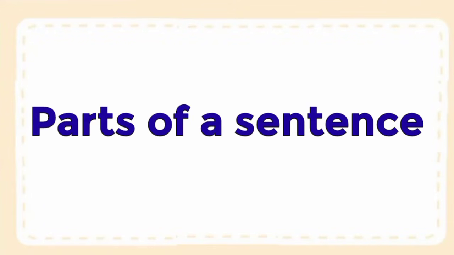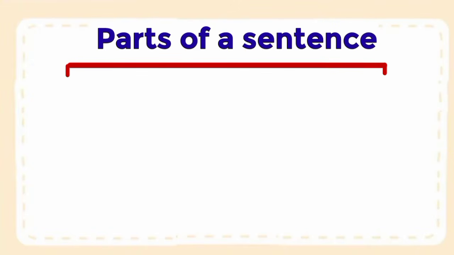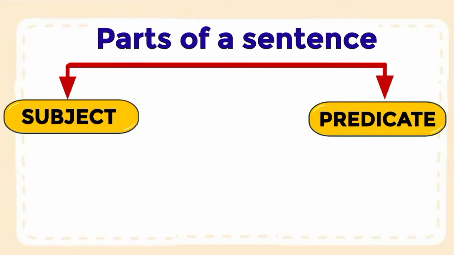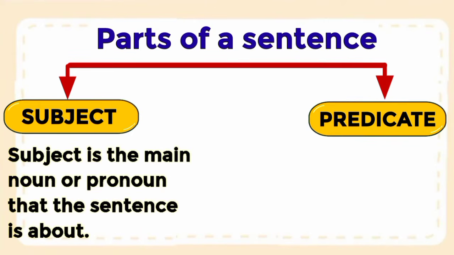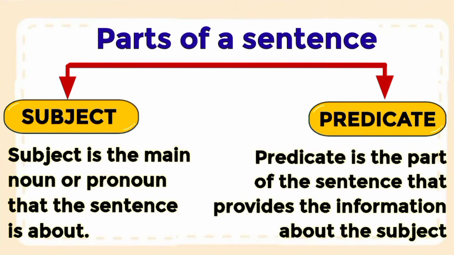Now let's know about the parts of a sentence. There are two parts of a sentence, subject and predicate. A subject is the main noun or pronoun that the sentence is about. And the predicate is the part of the sentence that provides the information about the subject.